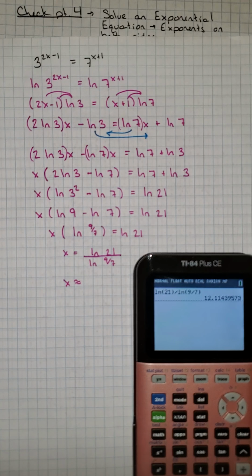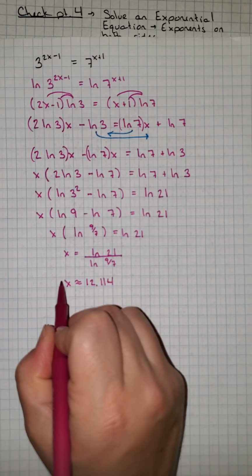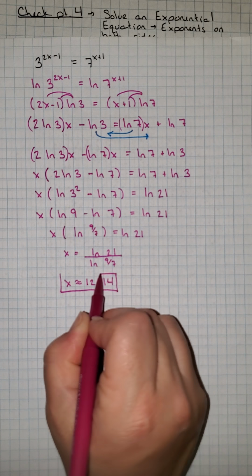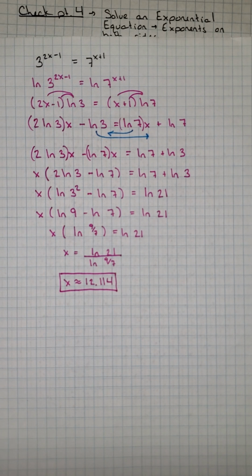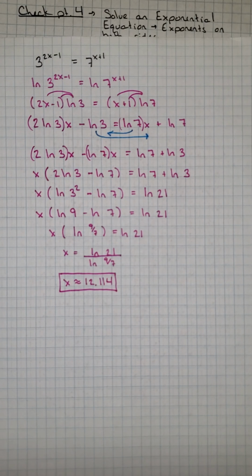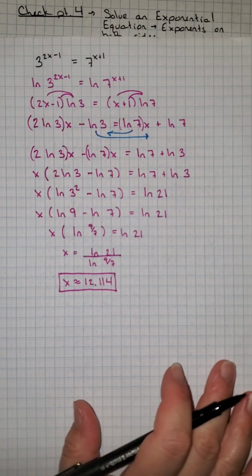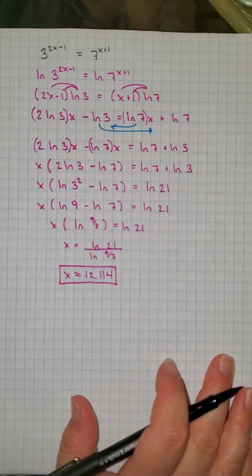So you get 12.114. And that's our answer. Those are rough. They just take up a lot of space.